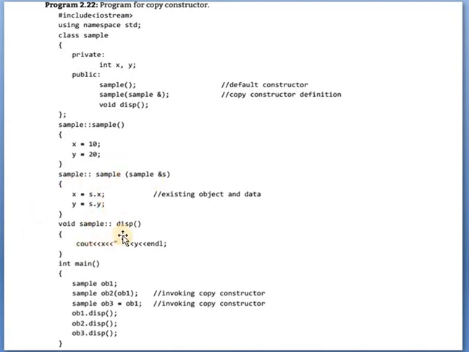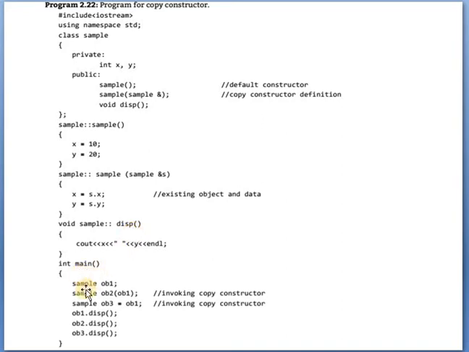Now in the next statement the member function is defined, that is the display function is defined here. Cout x and y, it will display the value of x and y. This is defining the function outside the class.